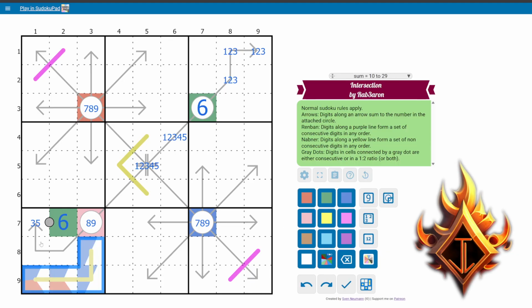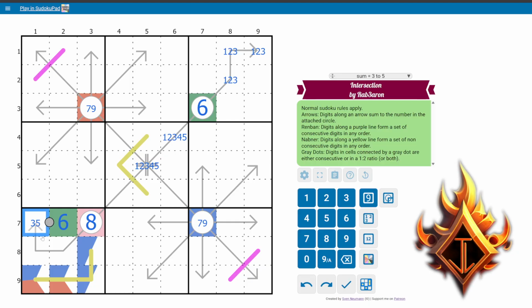Blue is already being forced there. And that means that they cannot be 8. So this is a 7, 9 combo, making that 8.